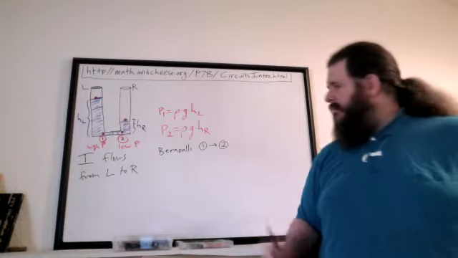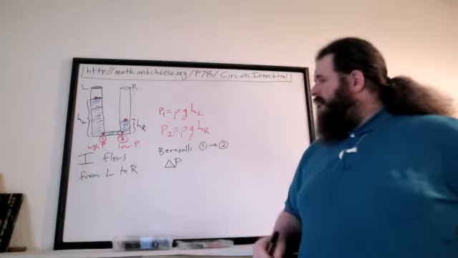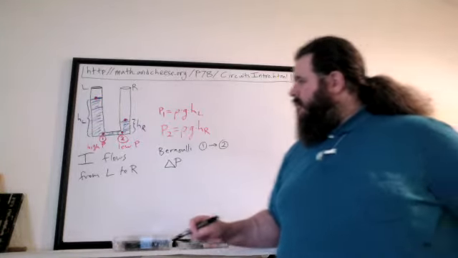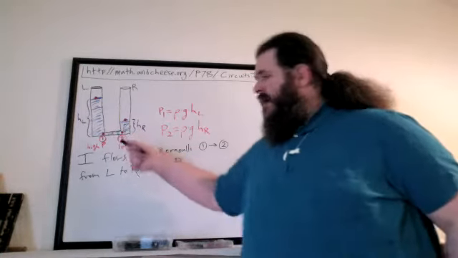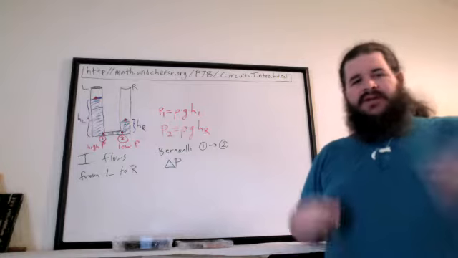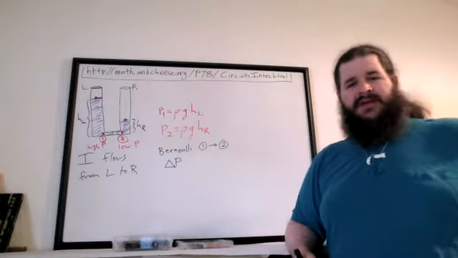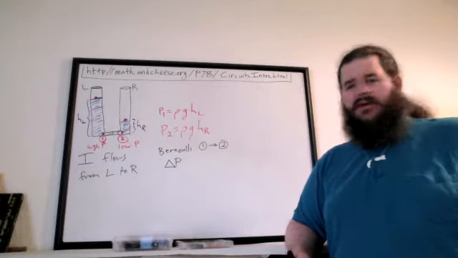Delta P, there's no height difference, so there's no rho g delta H. Right, because points 1 and 2 are at the same height as each other. Even though they're under different depths of water, those two locations are at the same altitude as each other. So we've got no rho g delta H term.